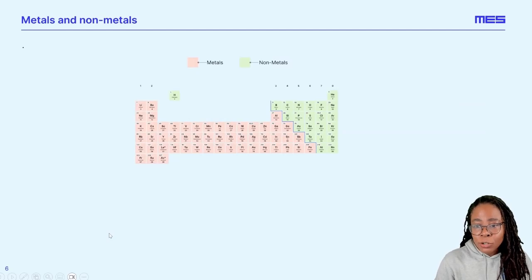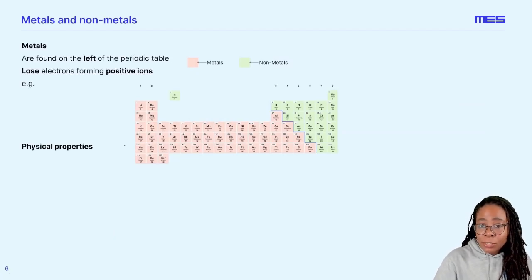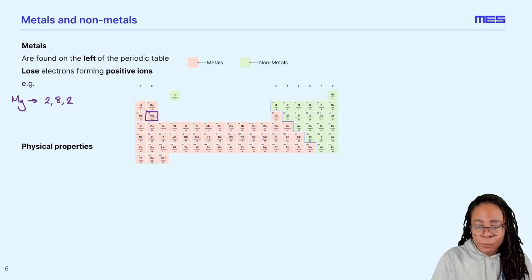Moving on to metals and non-metals, we can see that the metals are found on the left-hand side of the periodic table. And because of their electron arrangements, metals lose electrons to form positive ions. For example, let's take magnesium. Magnesium has the electron configuration 2, 8, 2, as it has 12 protons and therefore 12 electrons in the neutral atom, with those 2 electrons on the outer shell.